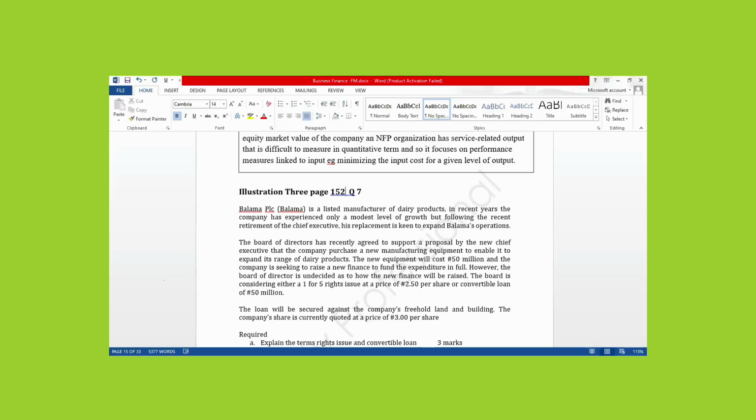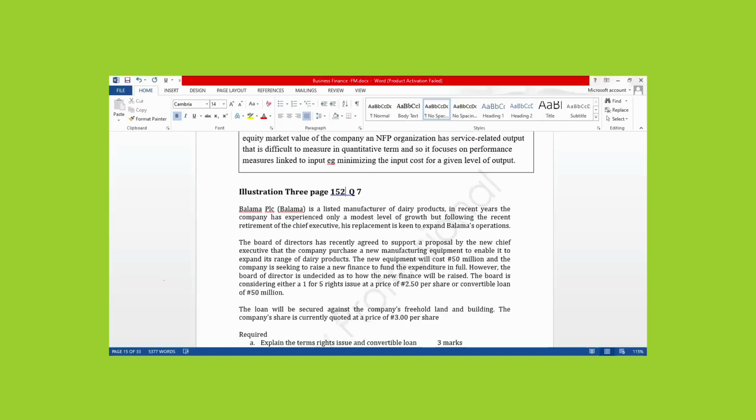It will cost 50 million naira, and the company is seeking to raise new finance to fund the expenditure in full. We need to raise new finance.